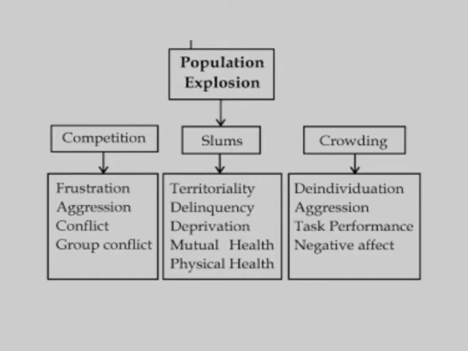Now, let us consider each. Because of competition, a lot of frustration develops, because every individual has his or her own needs. So, they try to make all efforts to satisfy those needs. But because of scarcity of resources, some might achieve their needs, some may not achieve their needs and goals.